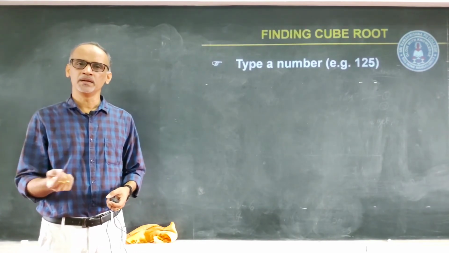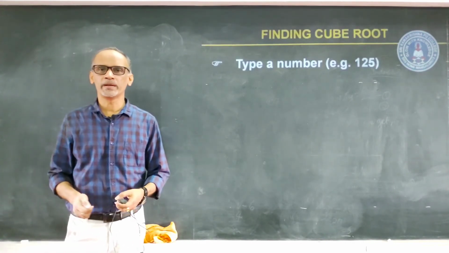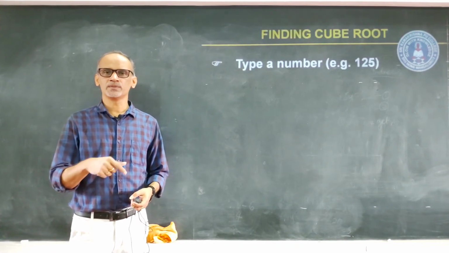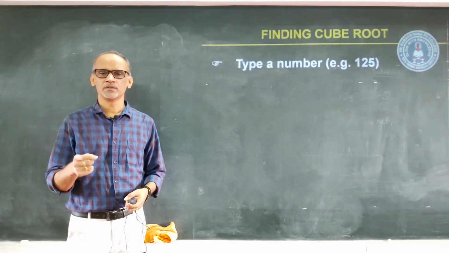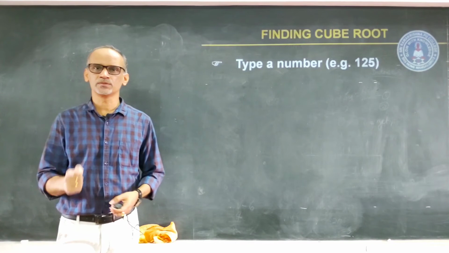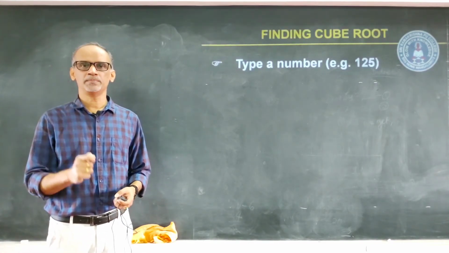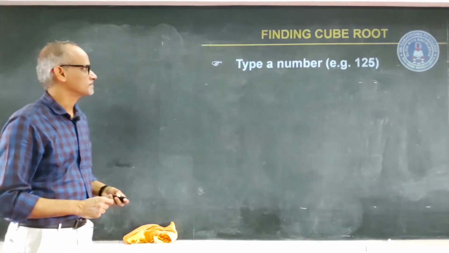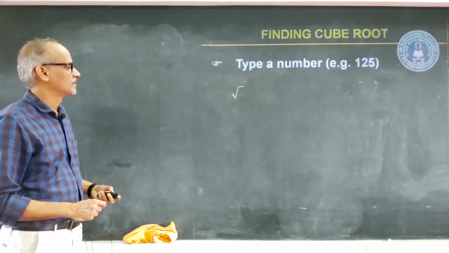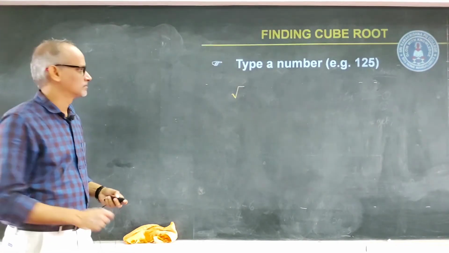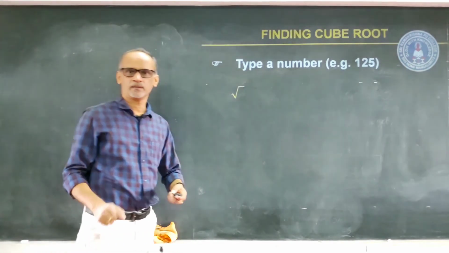Any number you can type, but I'm giving the number 125, because we know that the cube root of 125 is 5. So therefore at the end we should get an answer which is nearest to 5. Type just 125. The next step, press square root once.